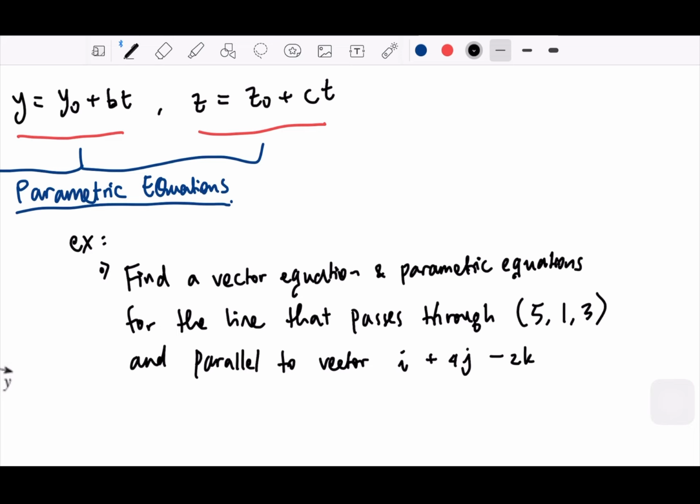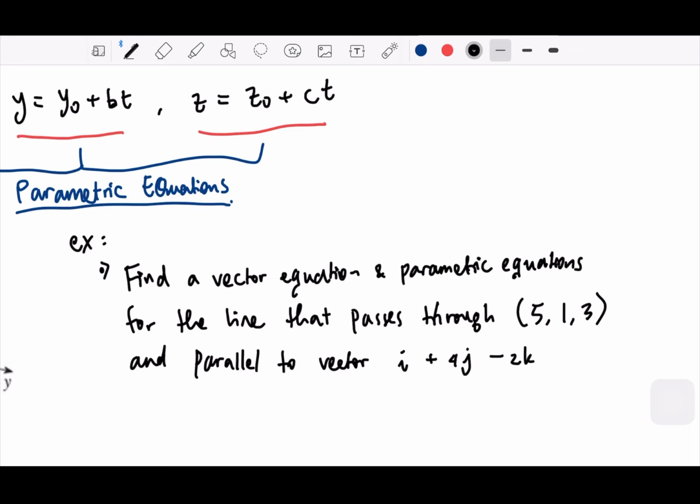And for the parametric equation, we need to find each x, y, and z in terms of the parameter. The line passes through some point and is parallel to the vector i plus 4j minus 2k. Parallel to the vector means the direction will be the same as this second vector, which means we know the A, B, C from this vector.